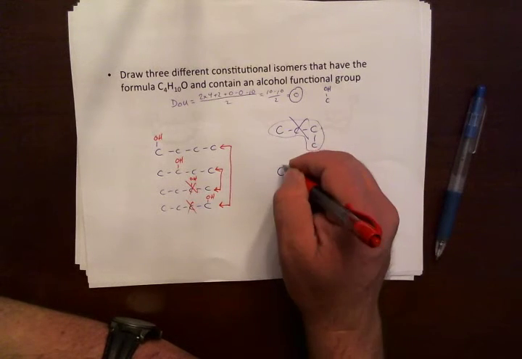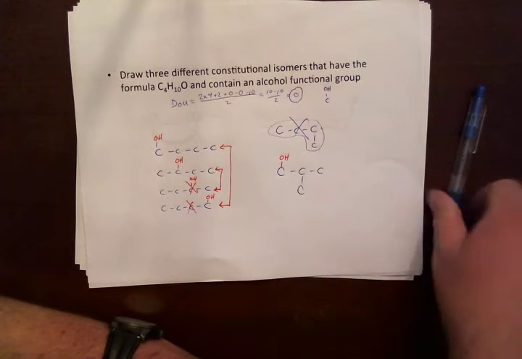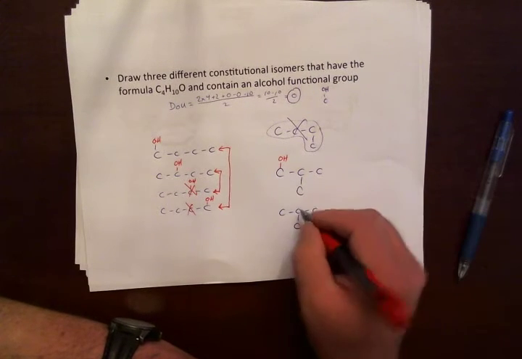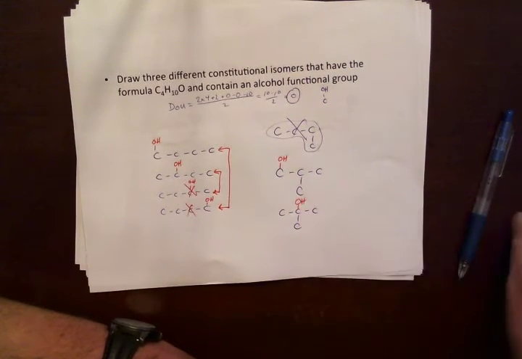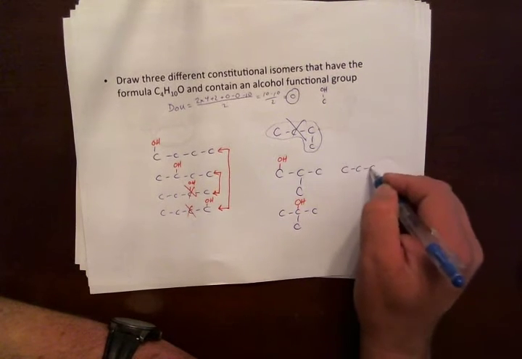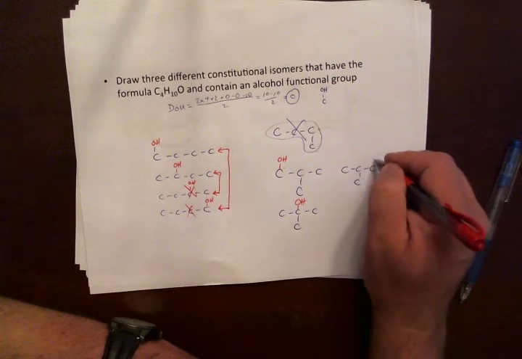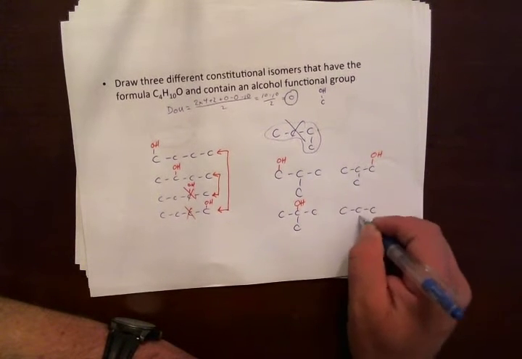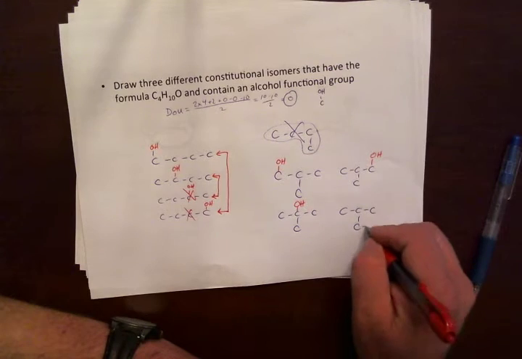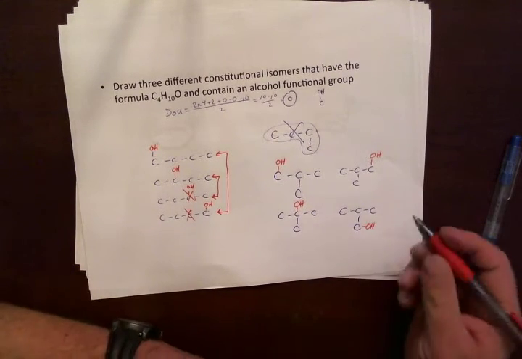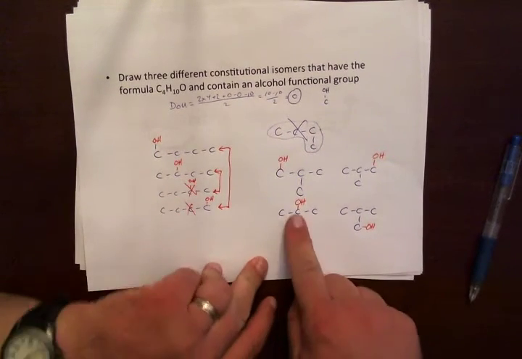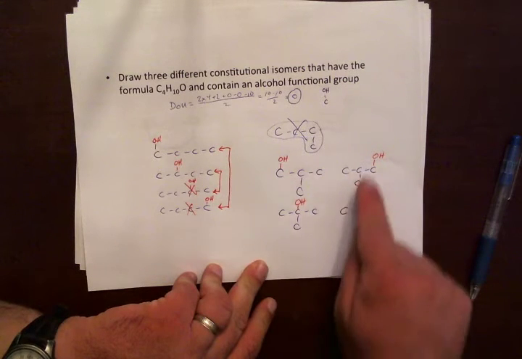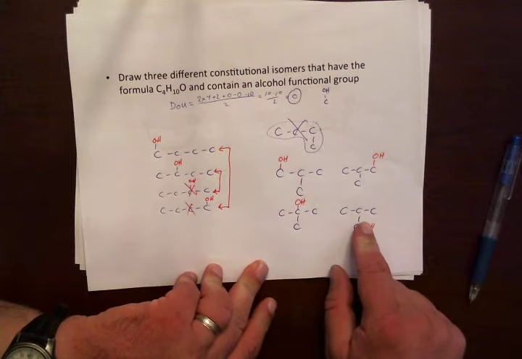Now you can come in and put in your OHs. You see them here, here, here. Like that. Now, the only problem is you have to look for duplicates. These three, as it turns out, are exactly the same.